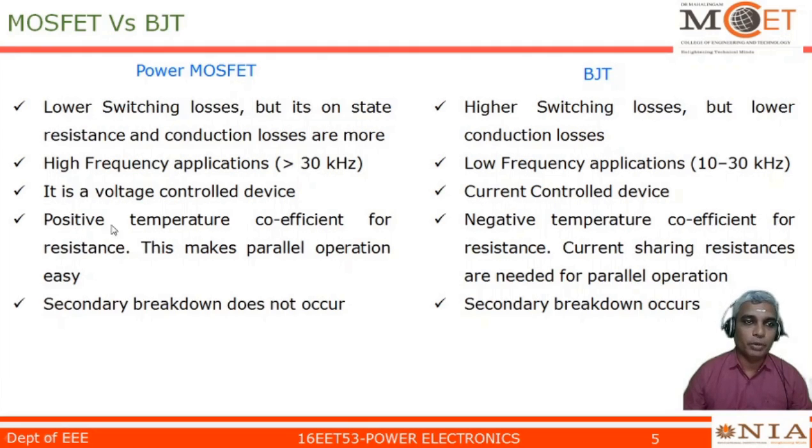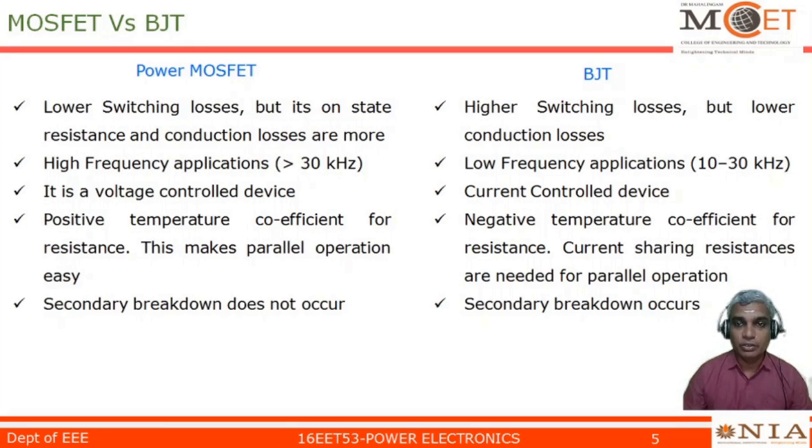And the very important point in the case of power MOSFET is that it has a positive temperature coefficient for resistance. This makes parallel operation very easy. If a power MOSFET shares increased current initially in parallel operation, it heats up faster.